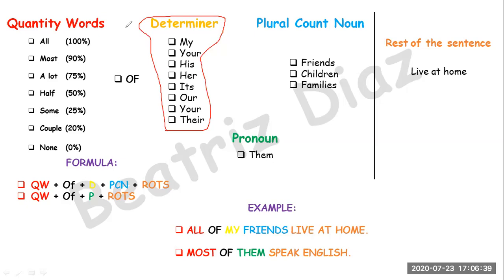So those are determiners. When you use determiners, as you see here, a lot of my friends, you use the noun of what you are describing. All of my friends, a lot of his families, a couple of their friends. Okay, so we use the noun of what you are describing.